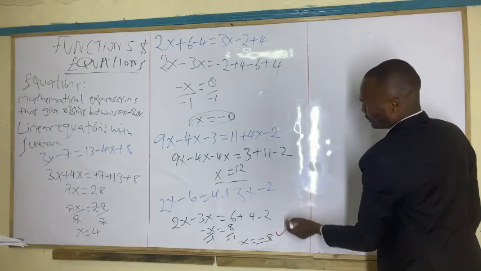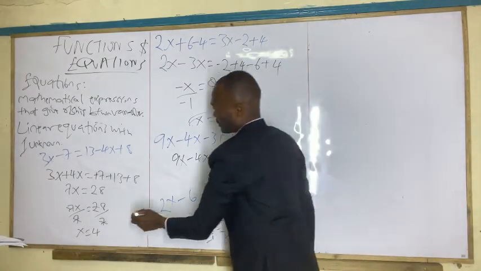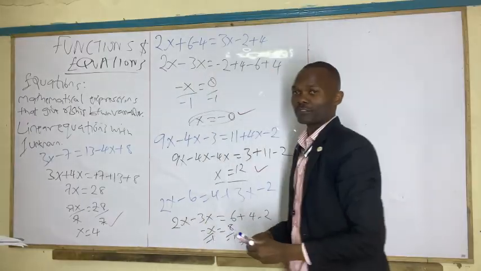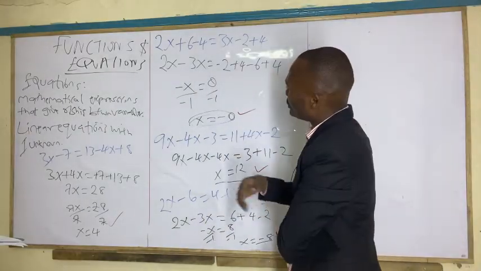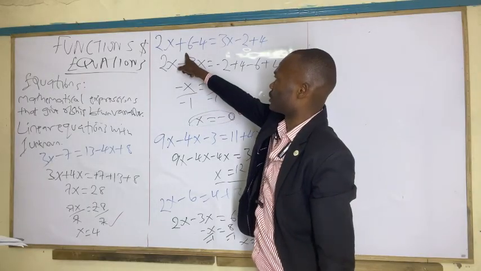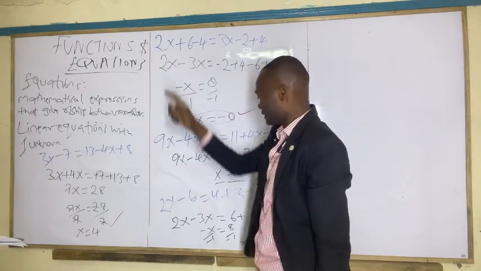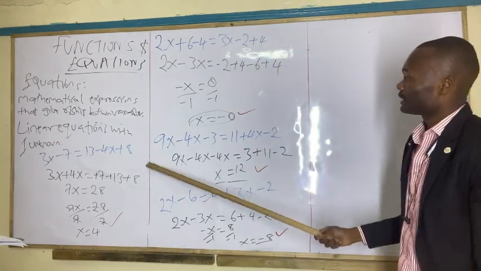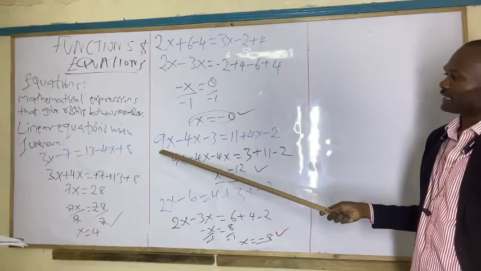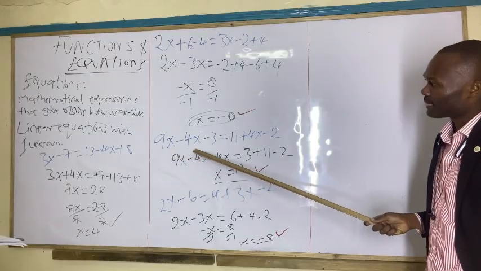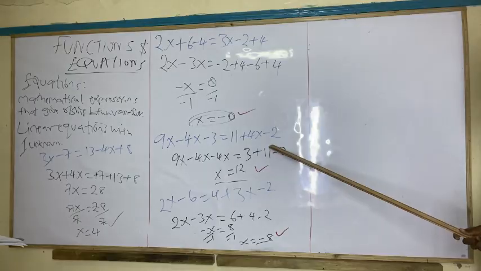So ladies and gentlemen, this is what we've done. Basically, once you have such an equation, you first of all pick the like terms. Let's use this one: 9x - 4x - 3 = 11 + 4x - 2.